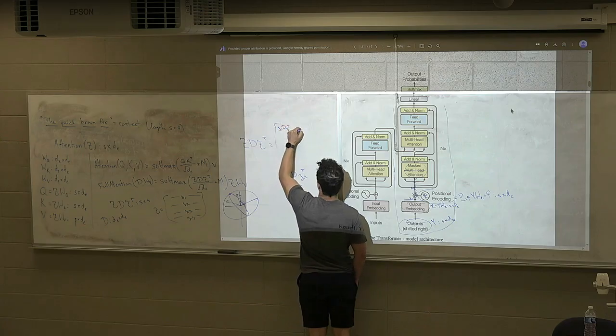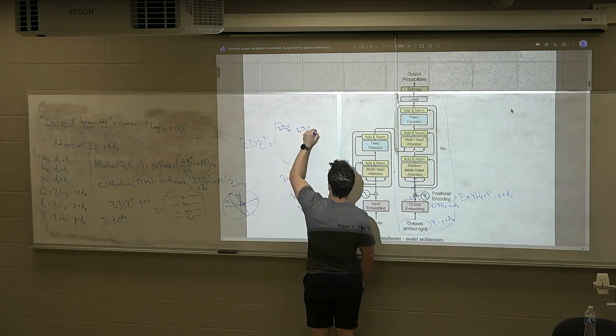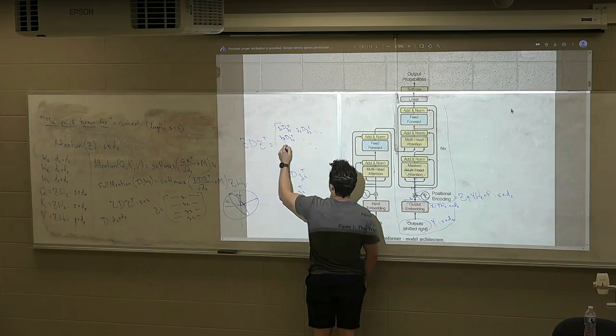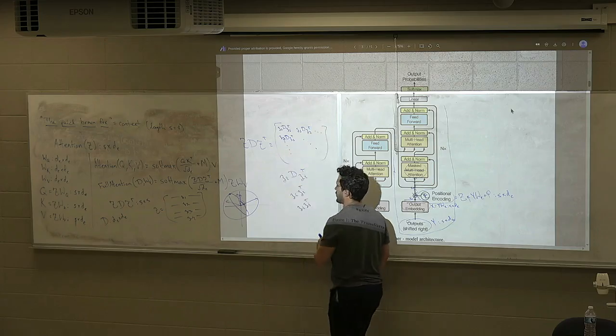This one will be Z1 D Z2 transpose. Z2 D Z1 transpose, and so on. So it just grabs the interrelations between words.